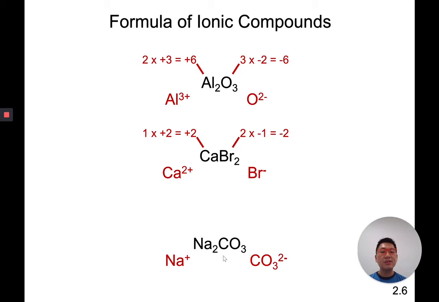I have 2 sodiums, each one being +1, gives me an overall +2 charge. I have 1 carbonate, and the entire carbonate is -2 charge. So it's total -2. The correct formula for sodium carbonate is Na2CO3. So that's how I write chemical formulas of ionic compounds.